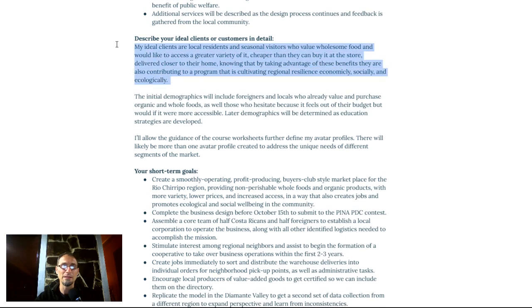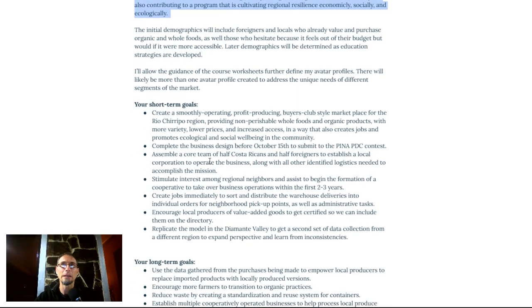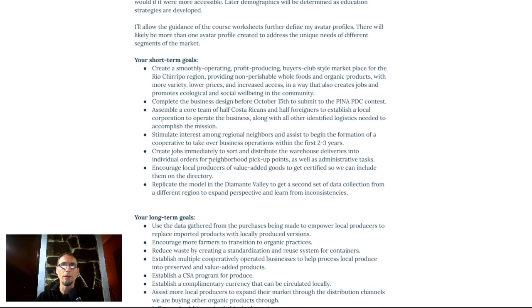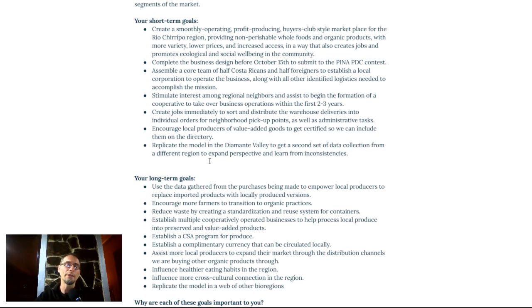So this is my main descriptor, and then I will just be refining the messaging based on what maybe just a local person in the neighborhood thinks about their motivations for being a member, versus someone like myself who's from another country and who already is spending money primarily on organic whole foods, and it's like a no-brainer. Obviously, I want to get it cheaper and closer to home, and I'm already spending money on it. Yeah. So in my case, I will have multiple avatars.